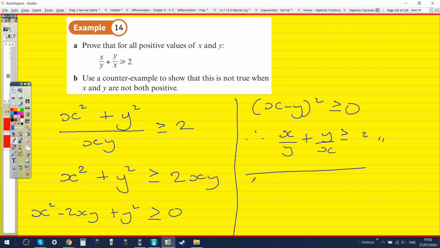So this time you could try 2 and minus 3. So x equals 2 and y equals minus 3. So 2 over minus 3 plus minus 3/2. That's going to give us a negative number.